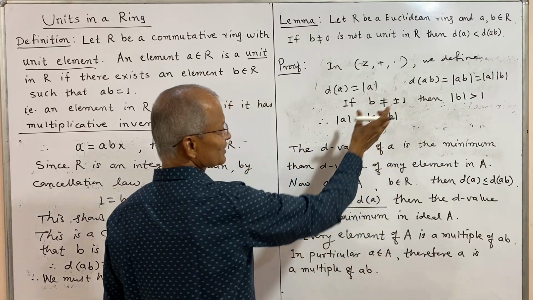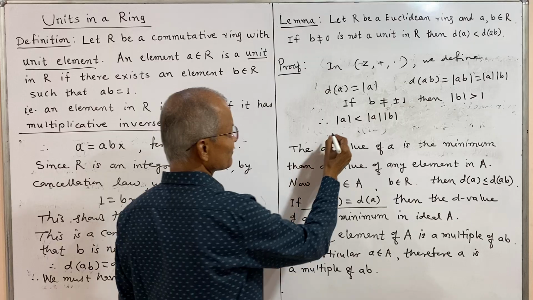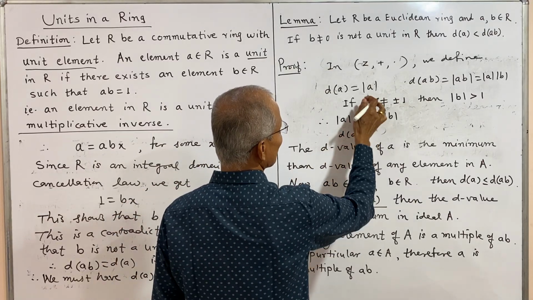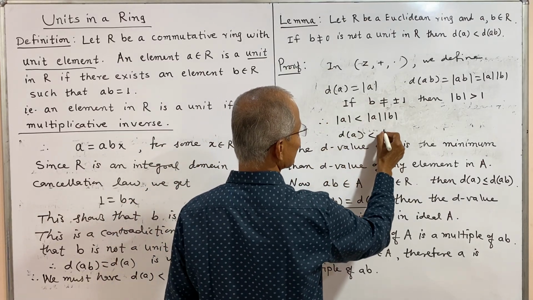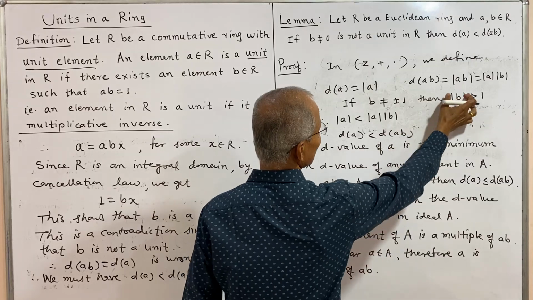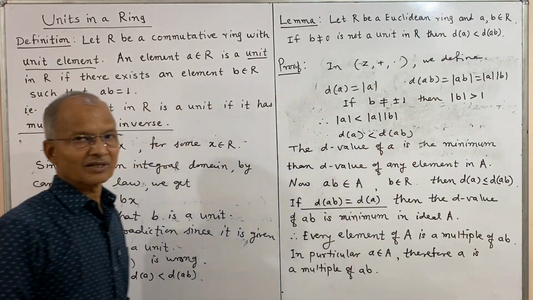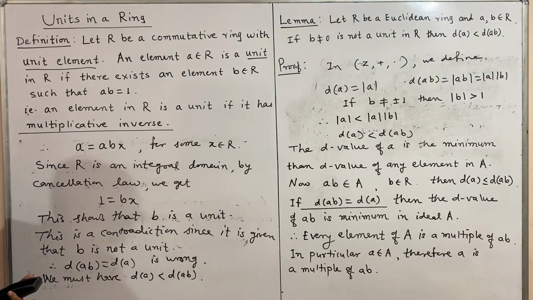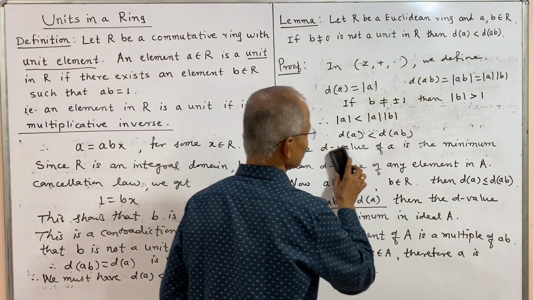So this side becomes greater, and that is d value of A is strictly less than d value of AB. So that is the example related to the ring of integers.